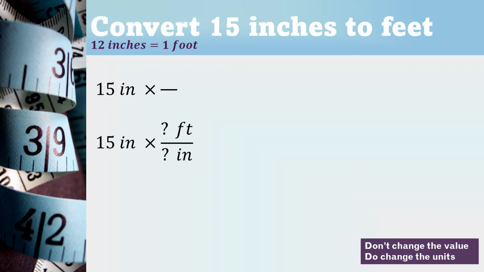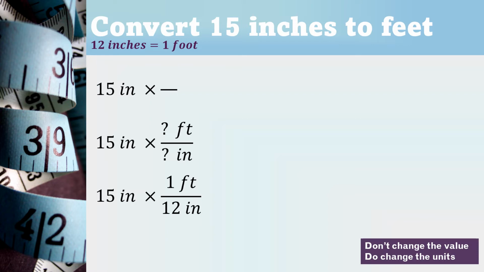That would be 1 foot equals 12 inches. So fill that in. So now we still have our 15 inches, that's our value, and we're going to multiply it by 1 foot over 12 inches. And since 1 foot is 12 inches, dividing it by itself is just 1. And multiplying by 1 doesn't change the value. So we're good. We haven't changed the value of our 15 inches.